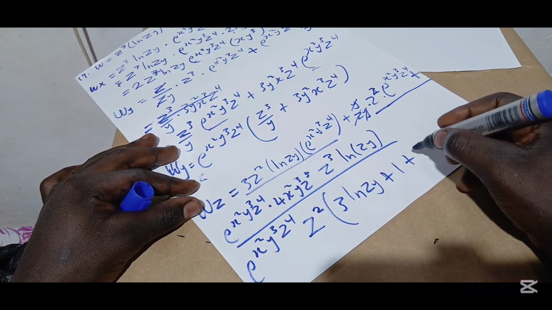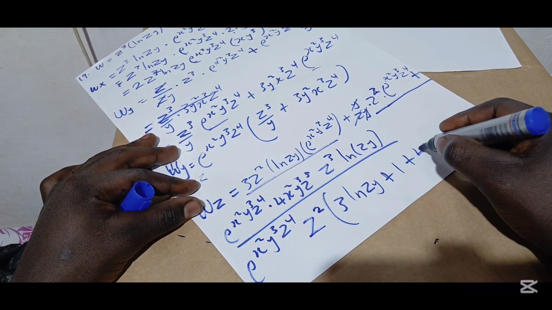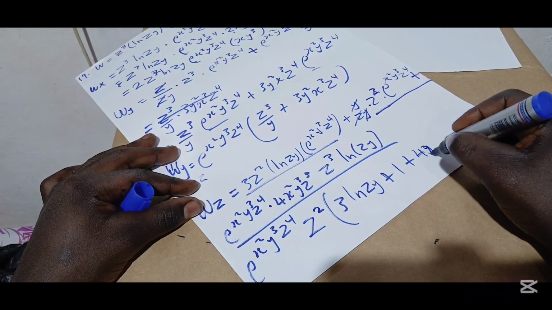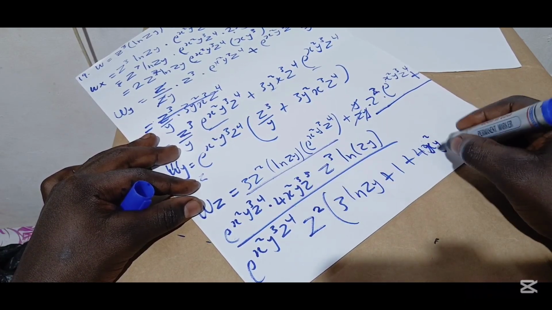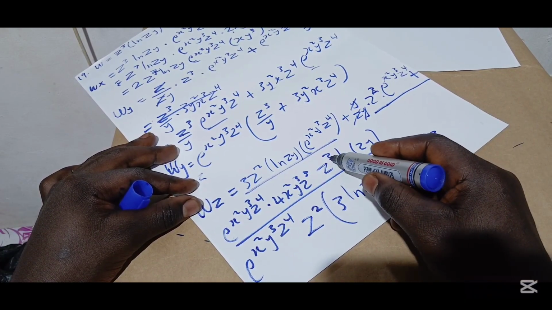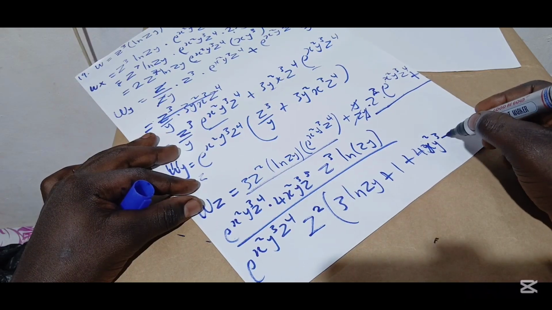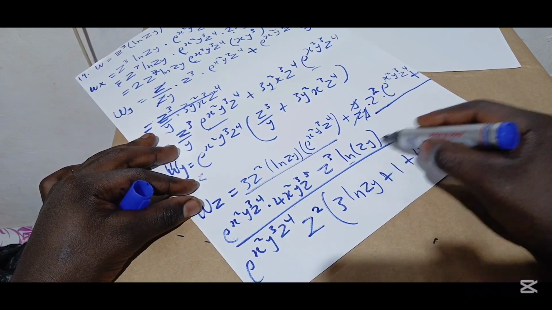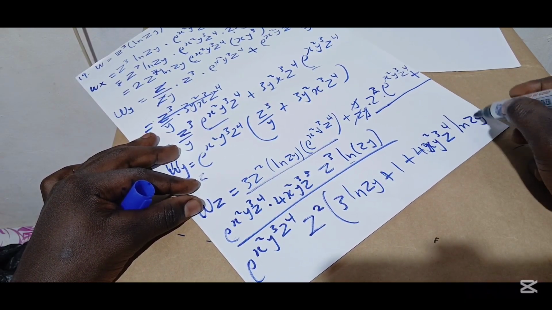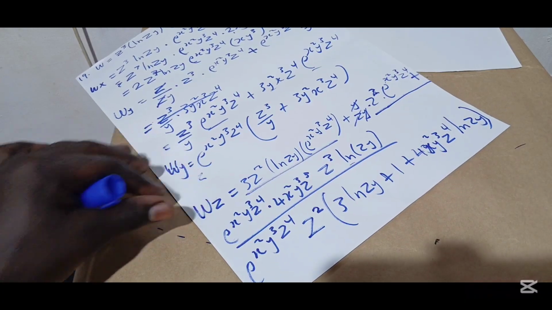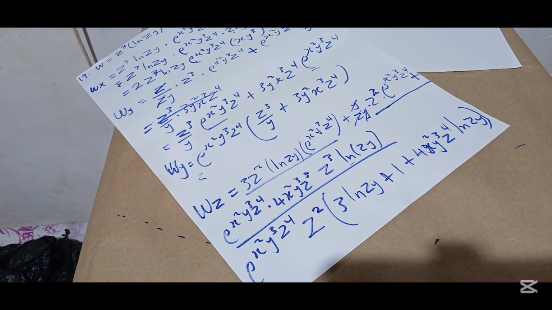So we're going to have 4 x to the power 2, y to the power 3. We have z to the power 1 here, z to the power 3 here, giving us z to the power 4, and then ln zy. So that's it for this problem.